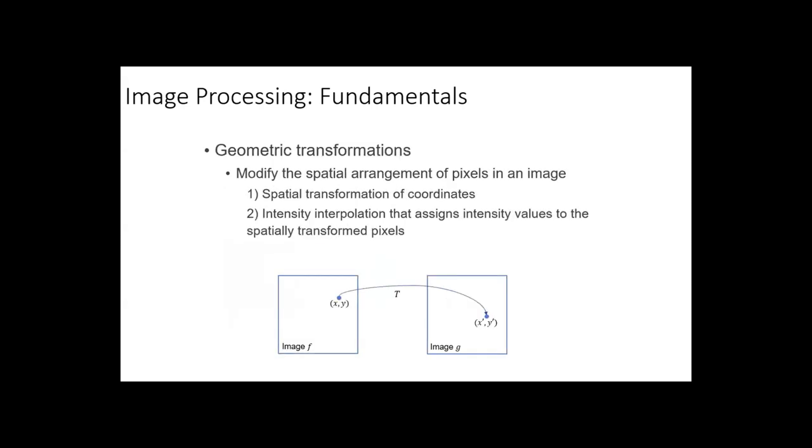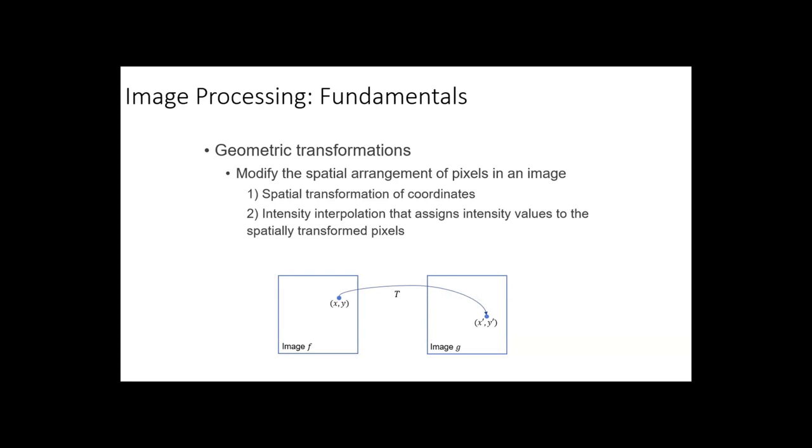Another operation we often use is geometry. If you want to rotate the image, basically we want to move this image to a new coordinate. But there is something we need to pay attention to. Once we get the image, we call this a digital image. We only have values on these grid points, the integer values.